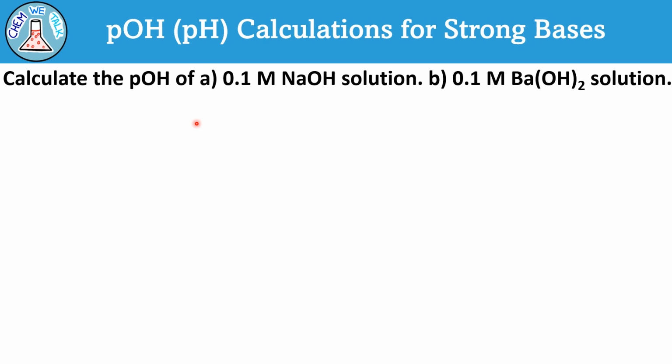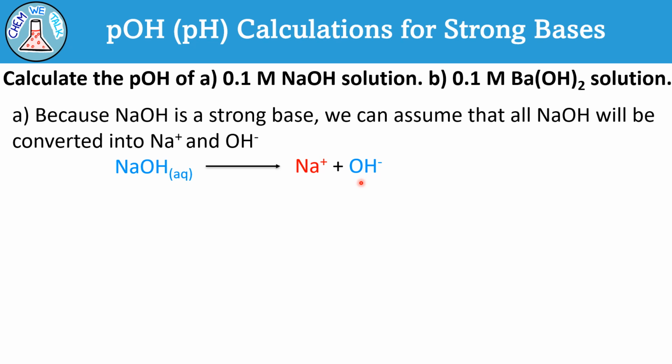Okay, so let's see how we actually calculate the pH for solutions containing strong bases. The first example was this NaOH solution. Okay, and we know that NaOH dissociates, producing Na+ and OH-. And because NaOH is a strong base, we can assume that all the NaOH that was present will be converted into Na+ and OH-.